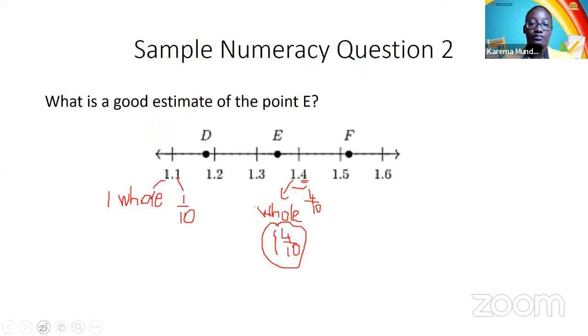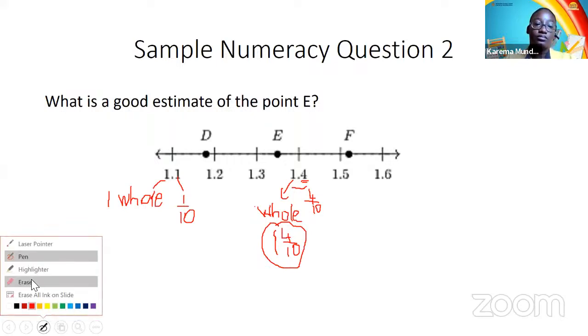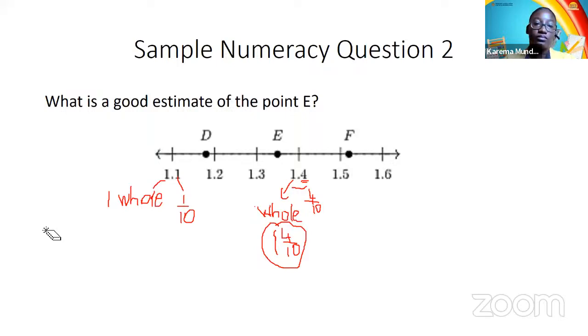In the same way that with whole numbers that have thousands, we don't call each digit by itself. We would say 1,340 or whatever it is. In the same way, when we are calling decimal numbers, you don't call each digit, you call the value of the digit. 1 and 4/10 would be the correct name.